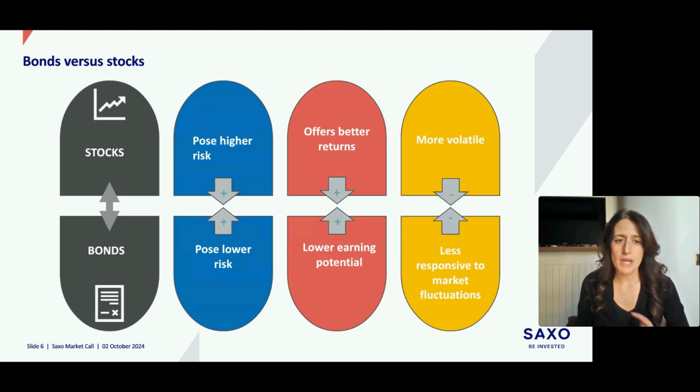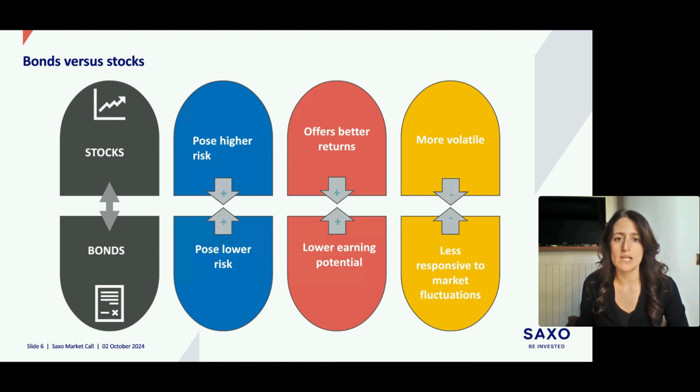So let's compare bonds versus stocks. The favorable part of bonds is that they pose a much lower risk than stocks, and they are less responsive to market fluctuations, which can be good or can be bad. For example, if there is a lot of volatility, bonds are normally less responsive to volatility compared to stocks.